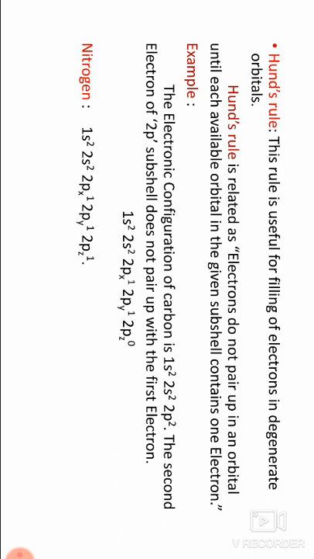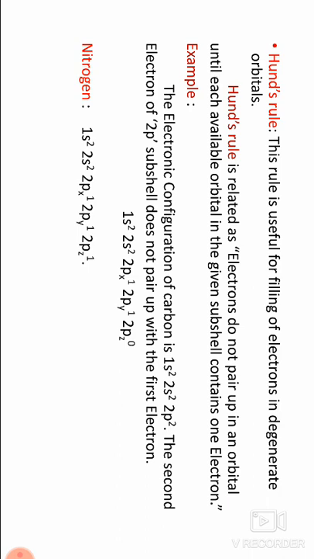n means principal quantum number, l means azimuthal quantum number. Using these two values, whichever orbital has the lower value, the electron enters that orbital. This means that electrons occupy the lowest energy orbital first, and lowest and highest energy are calculated based on principal quantum number and azimuthal quantum number. Example, let us consider 3d and 4s orbitals.